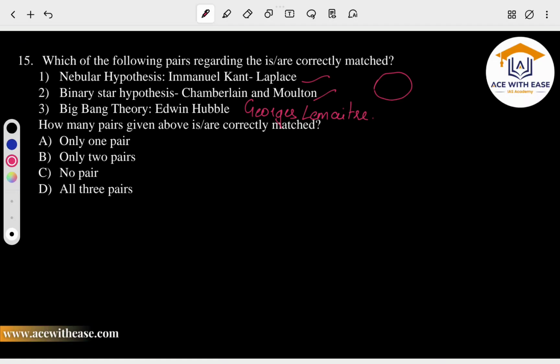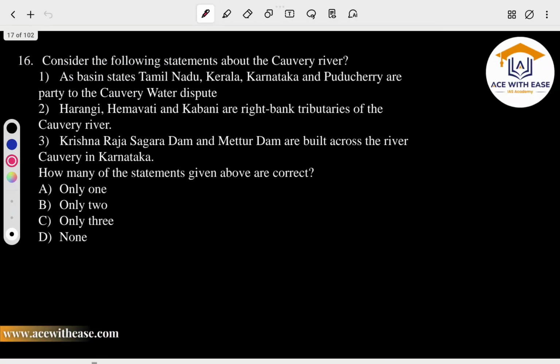We all know the Big Bang theory: the whole universe was present in a singularity, a very tiny ball of infinite mass and infinite energy, and suddenly the ball exploded, and this led to the formation of the present-day universe. So here only two pairs are correctly matched.